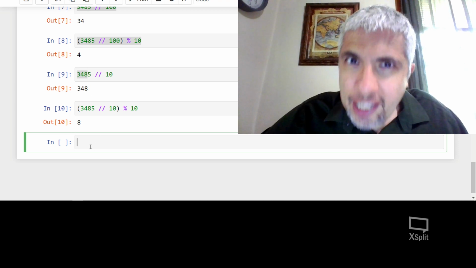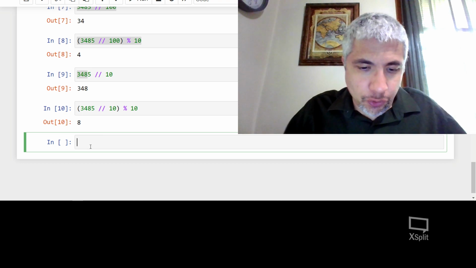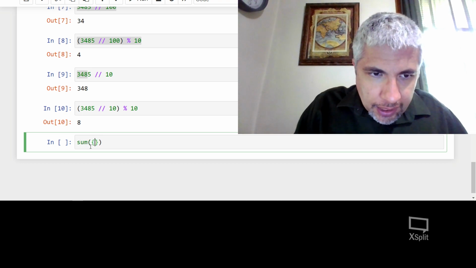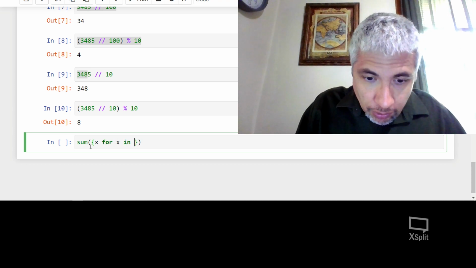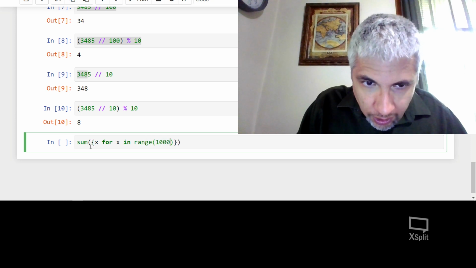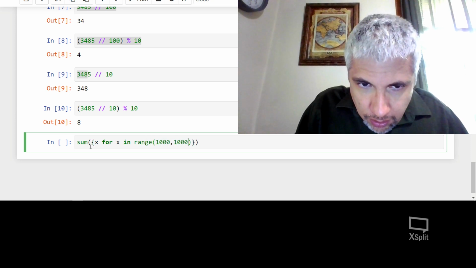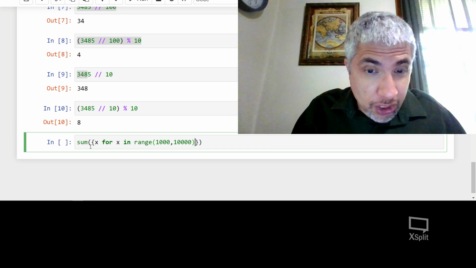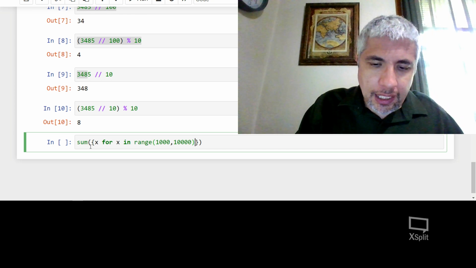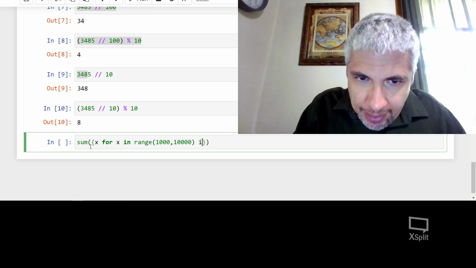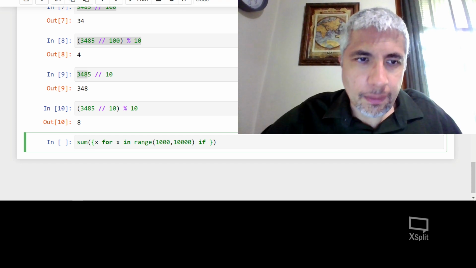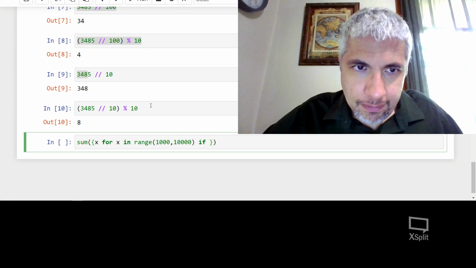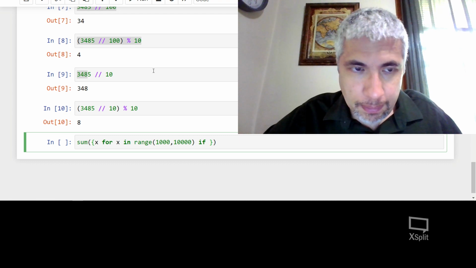Okay, so now we can actually figure out what the sum is of all these 4-digit palindromes. What I could do is say, okay, I want x for x. And so I want 4-digit numbers now. So we're going to go from 1,000 to 10,000, because I want that to go all the way up to 9999, but I only want to keep it if, okay, so what do I need? I want the middle 2 digits to be the same, because they're going to need to be the same if it's going to be a palindrome.